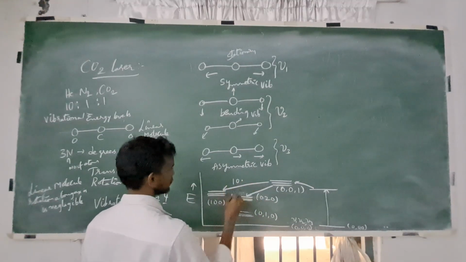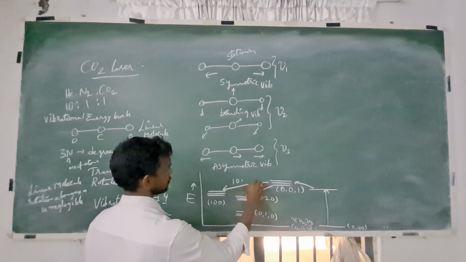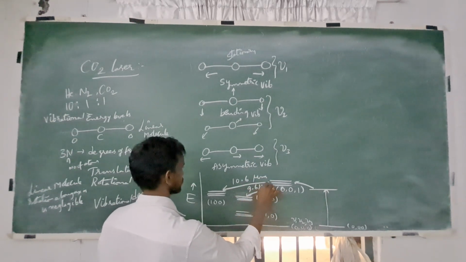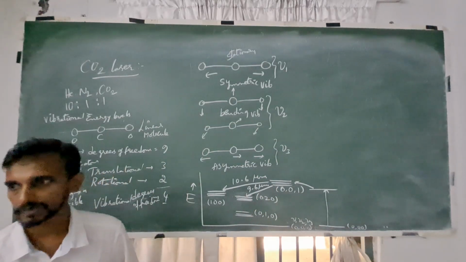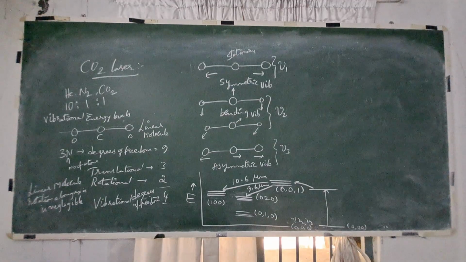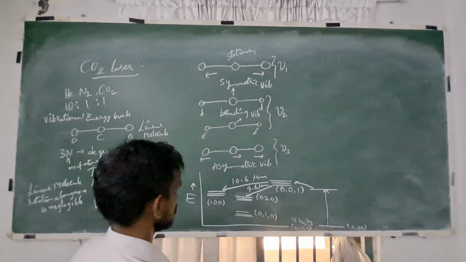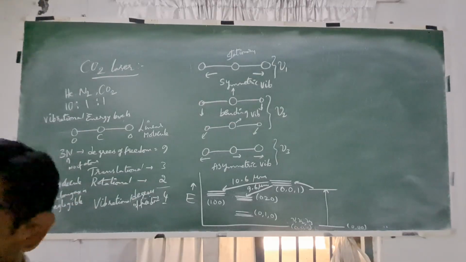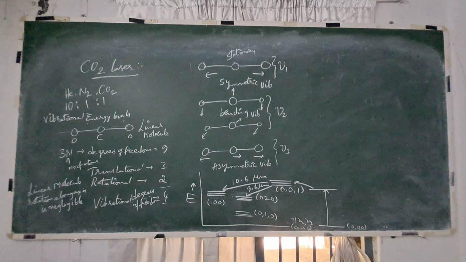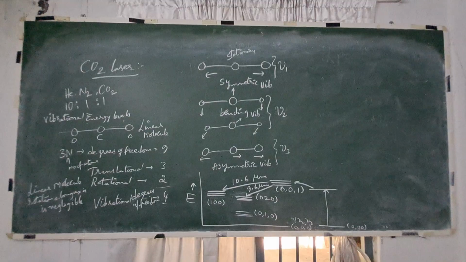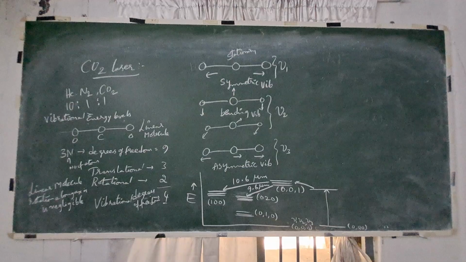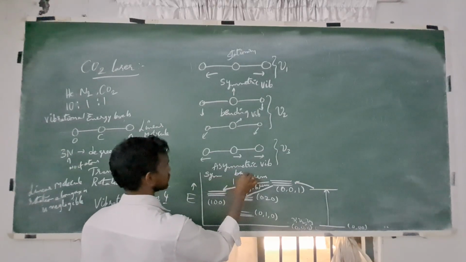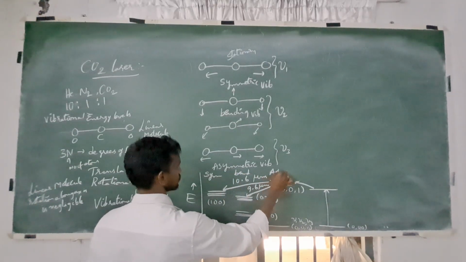One is 10.6 micrometers, another is 9.6 micrometers. The more the energy gap, the less the wavelength. So here the notation is: these are symmetric modes, these are bending modes, and this is the asymmetric mode.